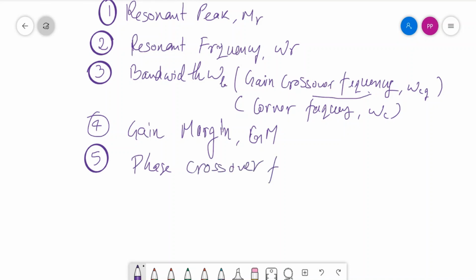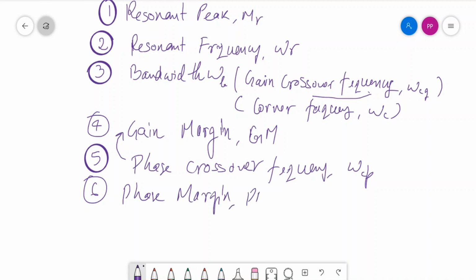So gain margin will be obtained from the phase crossover frequency, and phase margin, PM, will be obtained from the gain crossover frequency, like this. With this we understand that all these parameters are the parameters of relative stability.